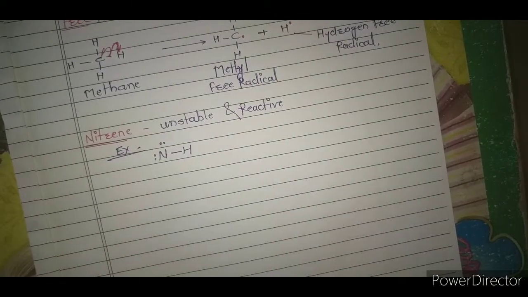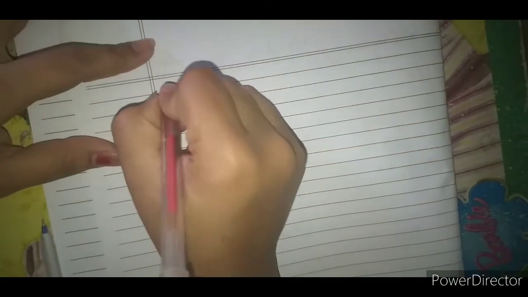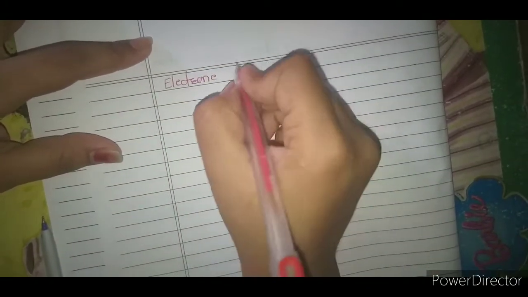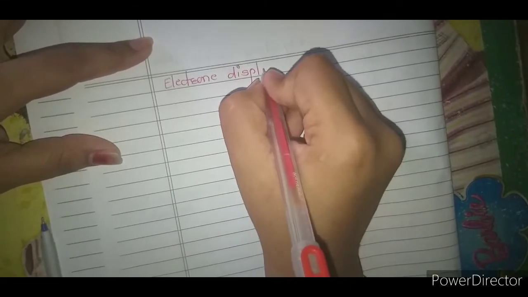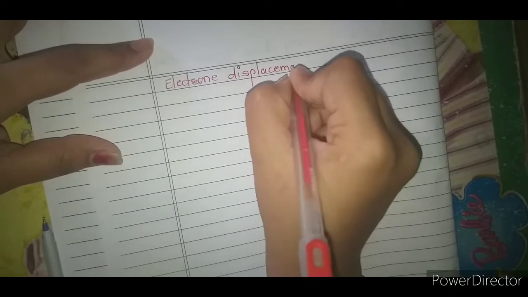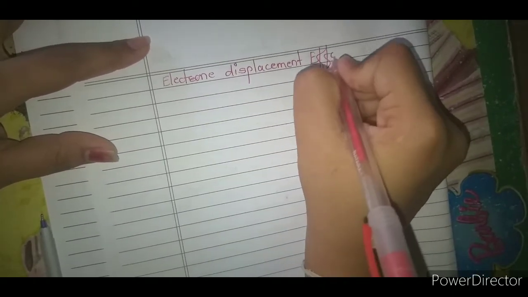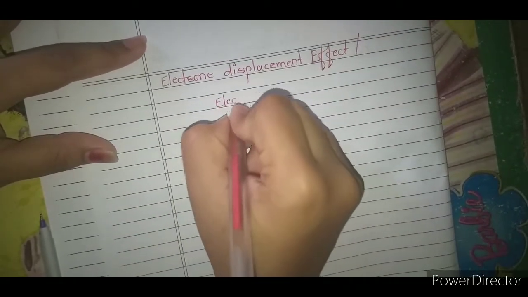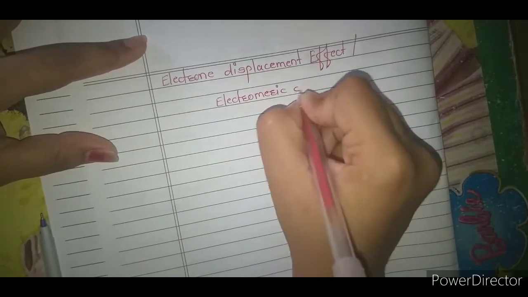So next is the electron displacement effect, also called the electromeric effect.